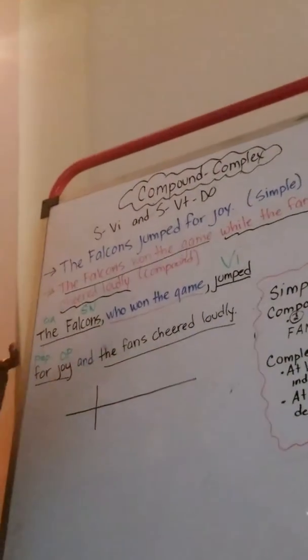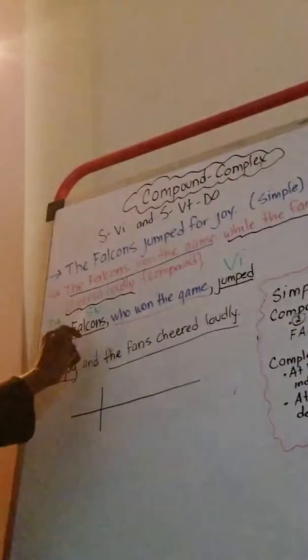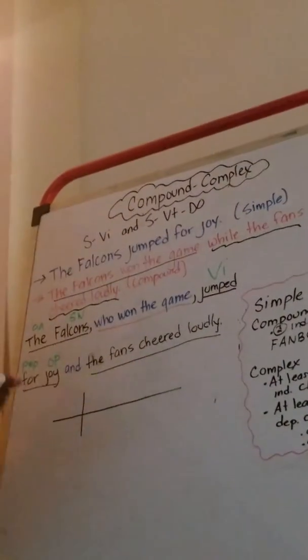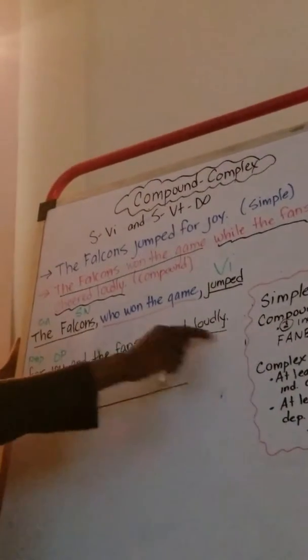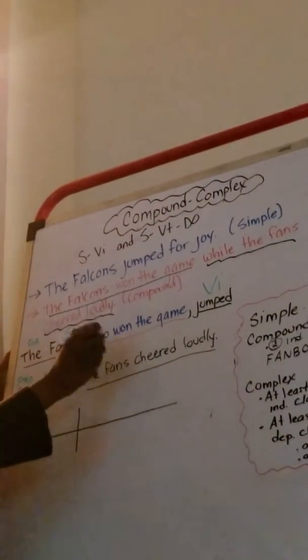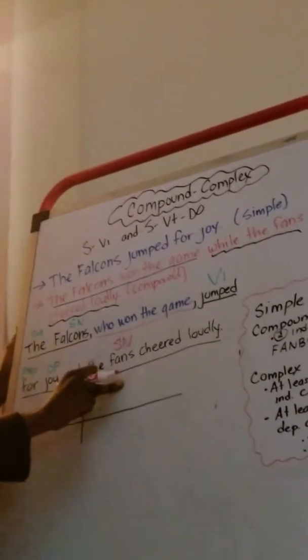So let's actually question confirm all of this very quickly. Our first independent clause has already been done. That's an SVI. Next, let's do our next independent clause. The fans cheered loudly. Who or what cheered? Fans, subject noun. What is being said about fans?